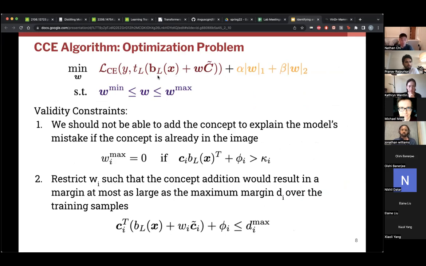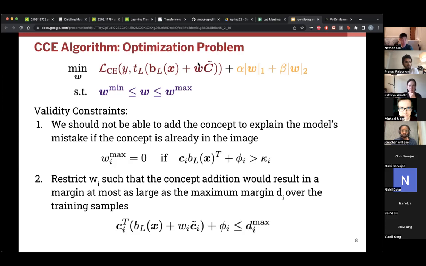Basically B is applying the bottom of the network to a particular input to get to the bottleneck embedding space. And then you're adding some linear combination of your concepts, W times C. And then you're applying the top of your network to get some label distribution. You're just computing cross entropy loss. So you're just trying to minimize this loss to get your label to the correct side.